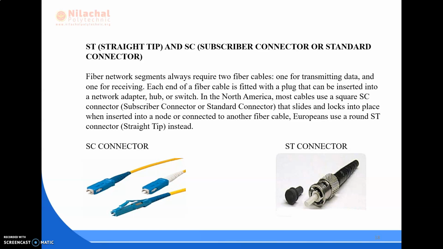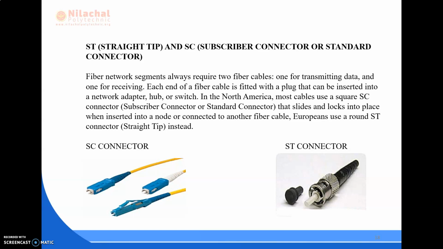A fiber network segment always requires two fiber cables, one for transmitting data and one for receiving. Each end of a fiber cable is fitted with a plug that can be inserted into a network adapter, hub, or switch. In North America, most cables use a square SC connector, that is subscriber connector or standard connector, that slides and locks into place when inserted into a node or connected to another fiber cable.